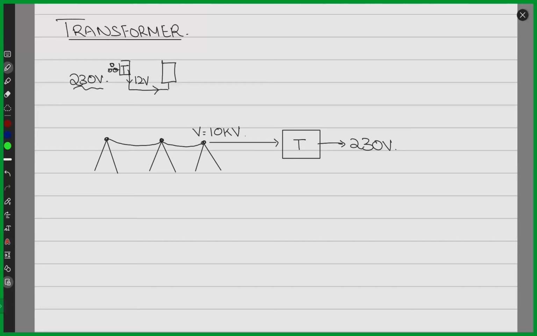So to power the entire city, you have to have very long cables sending that electricity. And because the cables are so long, there will always be some resistance and a lot of other things which will cause a drop in voltage. So that's why you send a very large potential difference initially, and then you use a transformer to step it down to a safe value, and then you can send it through your home.